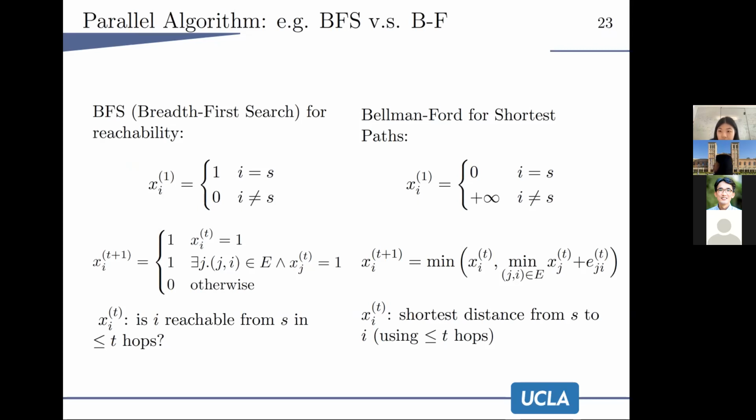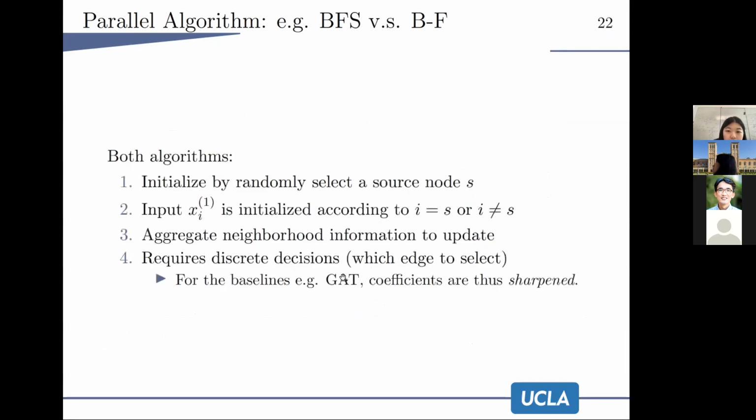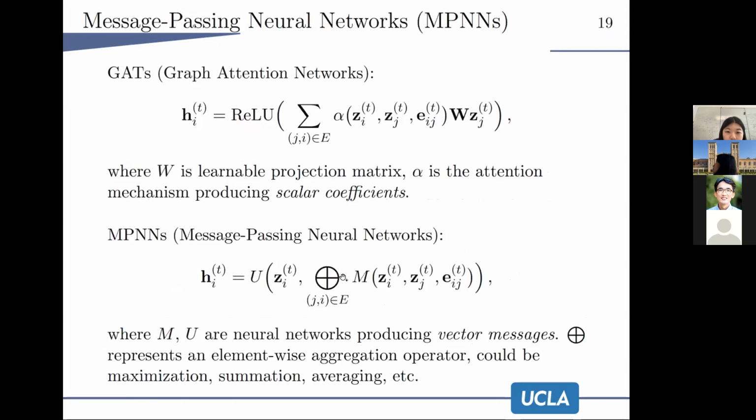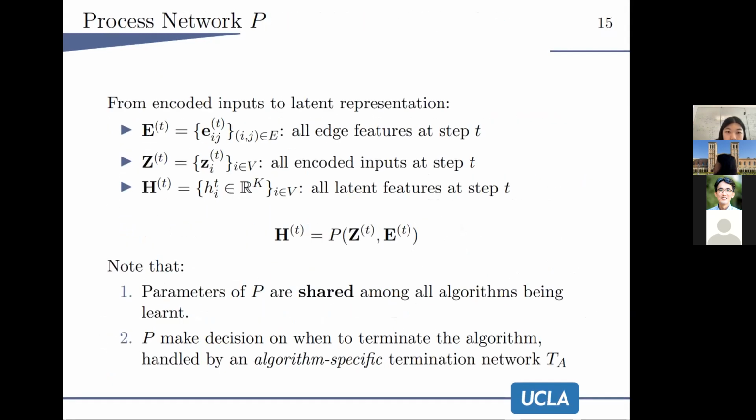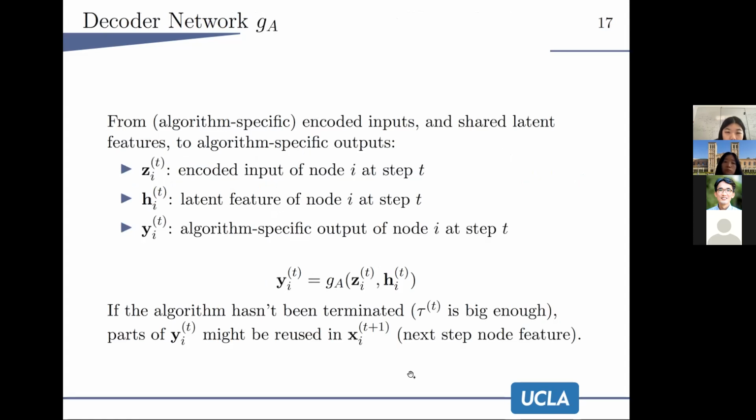and then they're going to be utilized in the encoder network. Yeah, they are going to be utilized in the encoder network, and the encoded result will go together into the processor network, and we also saw before that the encoded input will also go into the decoder network.